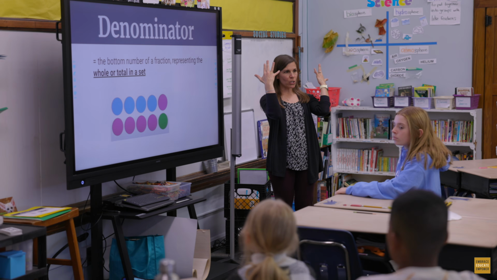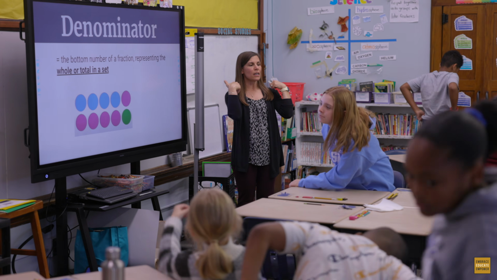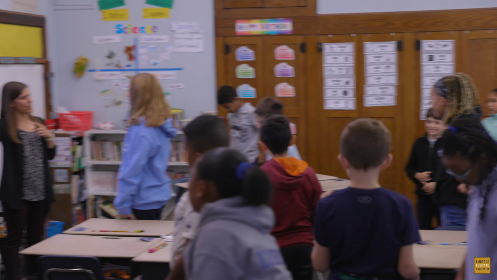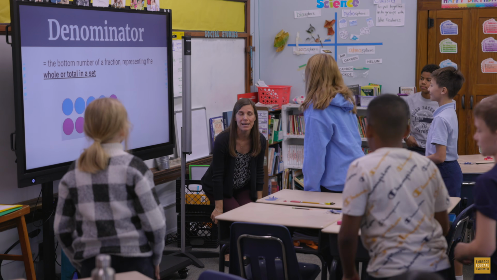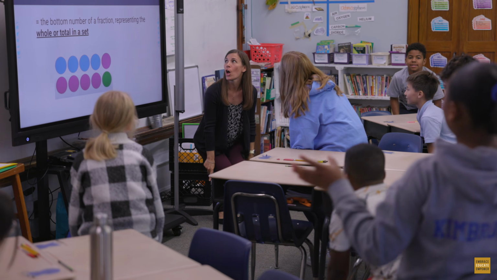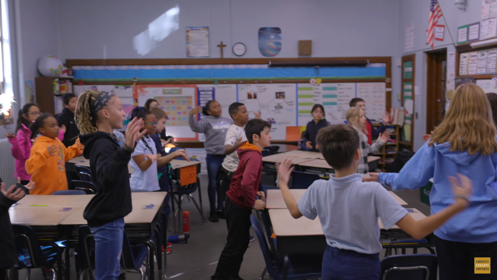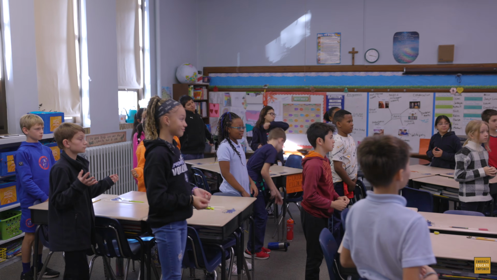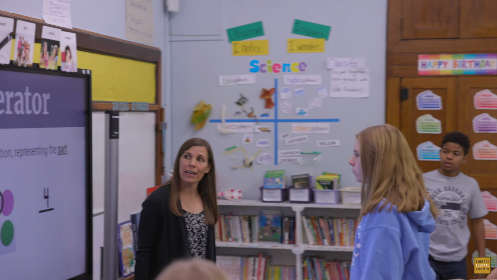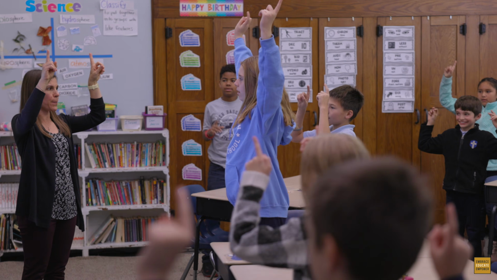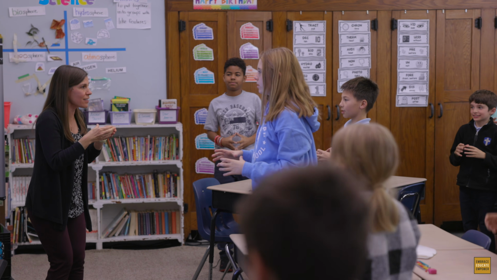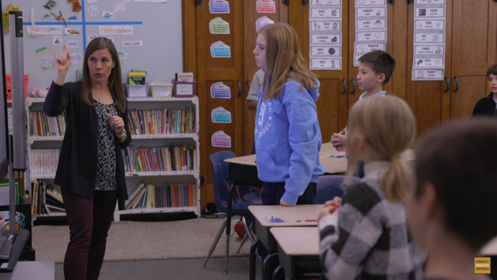Let's stand up so we can use our bodies to help us remember. The denominator, the D stands for down, so denominator is the bottom number of a fraction, representing the whole, or total in the set. And the numerator is the top number in a fraction, representing the part. That's where we have that U for up.